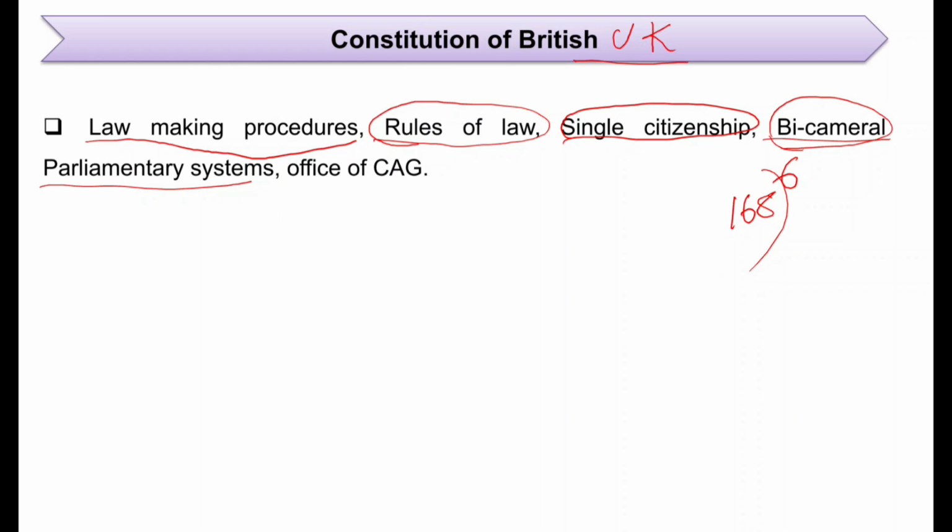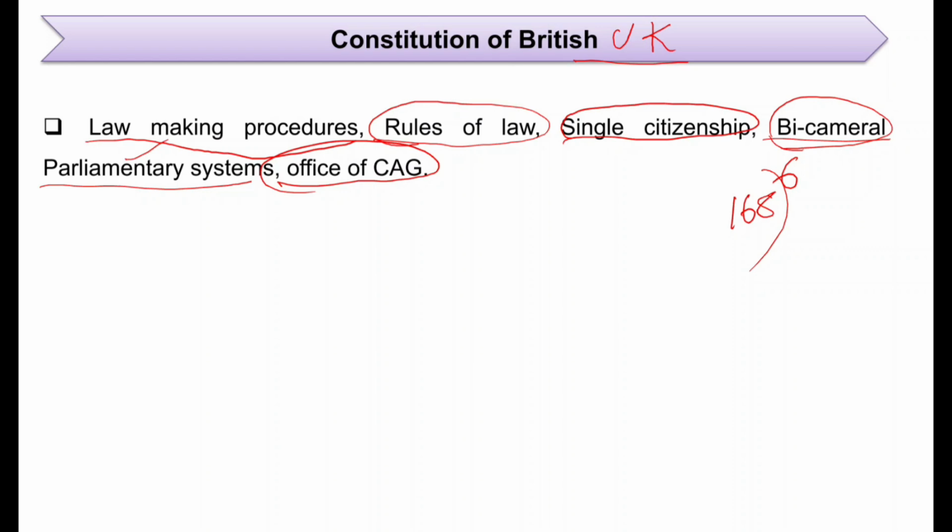So from the UK we have borrowed law making procedures of our Indian constitution, rule of law, single citizenship, bicameral parliamentary system, and office of the CAG, that is the Comptroller and Auditor General of India.